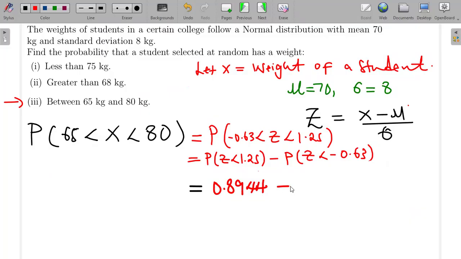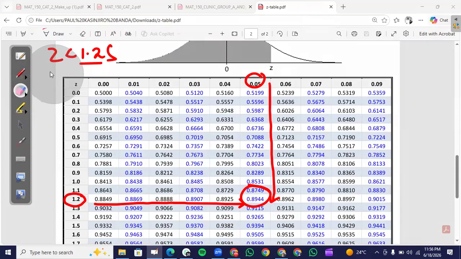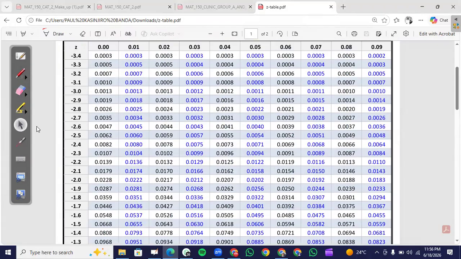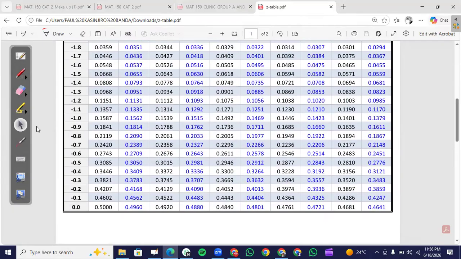Minus, what is this? This is a negative. If you don't have the negative z-score table, change it by symmetry. You should try that as your own exercise. But me, I'm just going to use the negative z-score table. When I go here, I'm trying to find the probability that Z is less than minus 0.63. So 0.6 is there, and then 3 will be where?